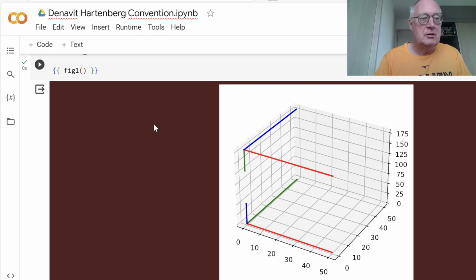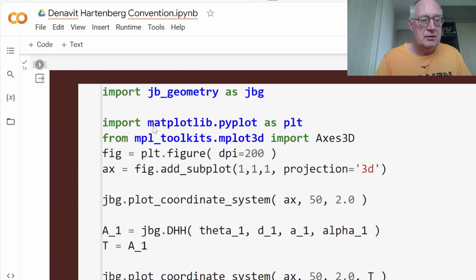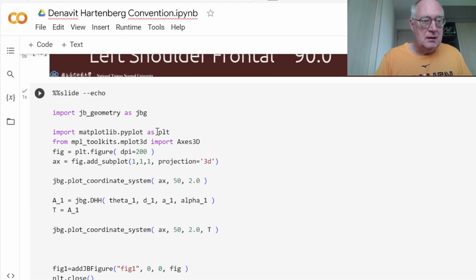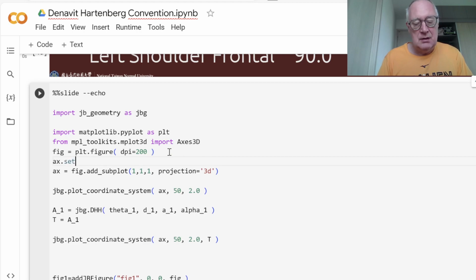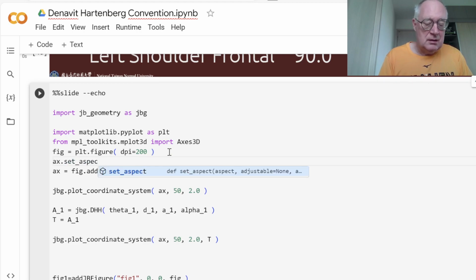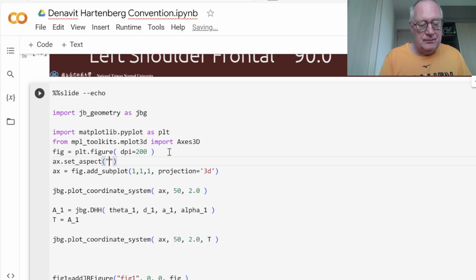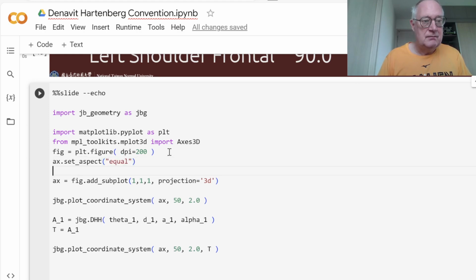Now these ones just look longer because the aspect ratio is not the same. I can also set the aspect ratio to be equal. Let's see if that fixes it.